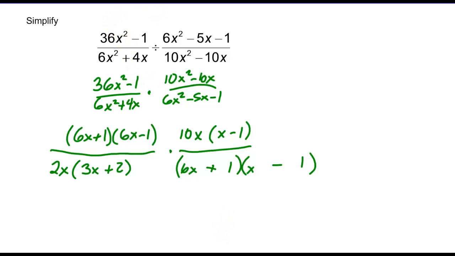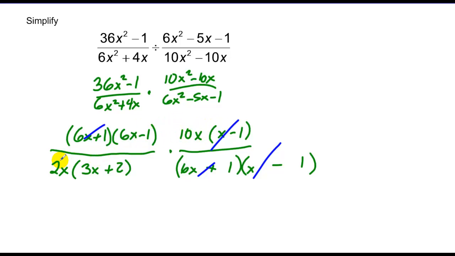So now we find our common factors. Here's a 6x plus 1 and a 6x plus 1, an x minus 1, and an x minus 1. Now notice what I have left. Neither of these two are exactly alike, but the 2, the 10, the x, and the x are all multiples. So I can take and reduce those.